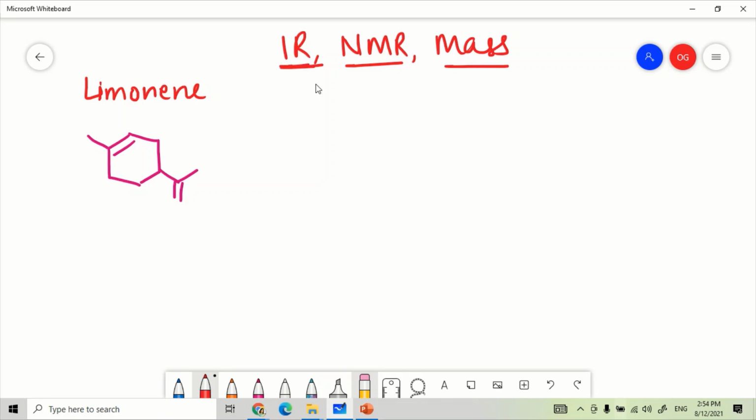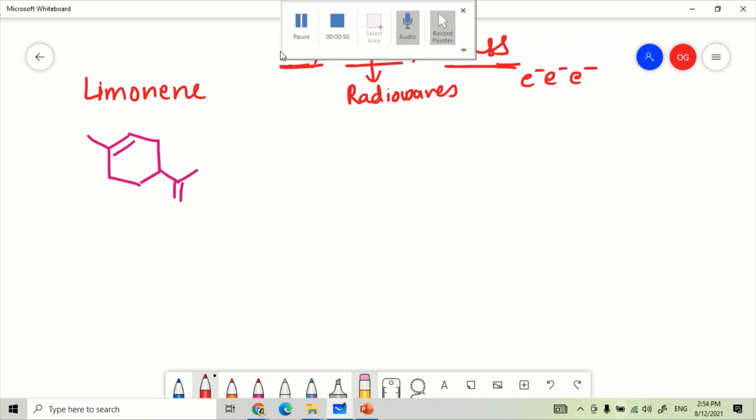In case of IR it is infrared radiation, in case of mass we bombard the compound with a highly energetic electron beam, and in case of NMR we bombard the compound with radio waves. So what happens to this compound, and how are their IR spectrum, NMR spectrum and mass spectrum recorded? These things we will learn.